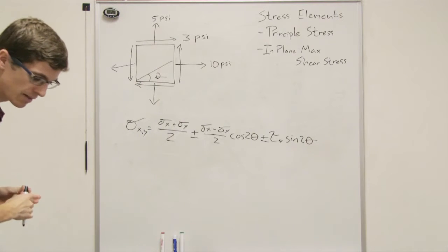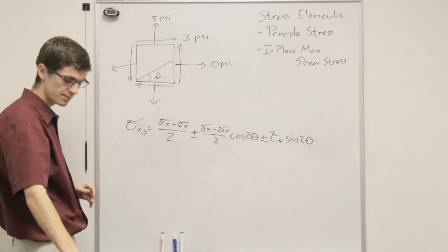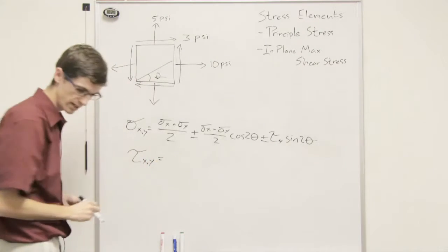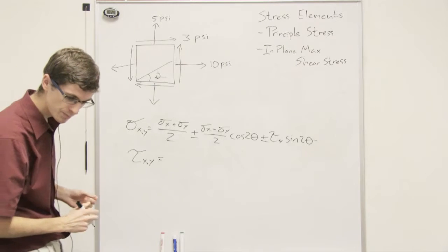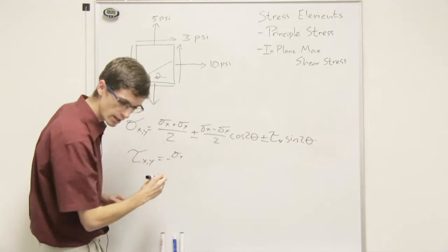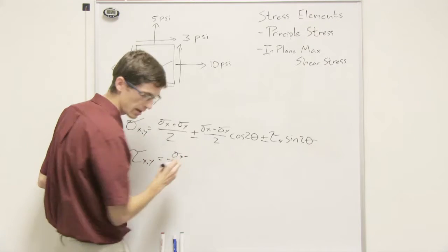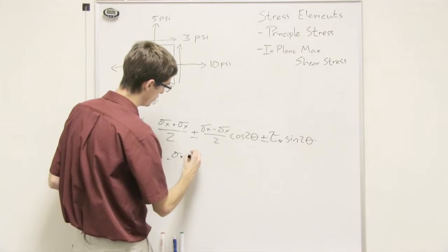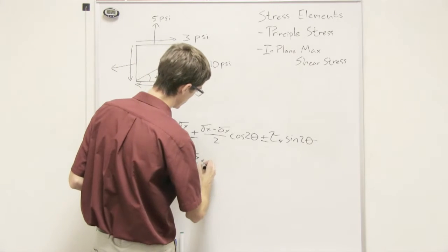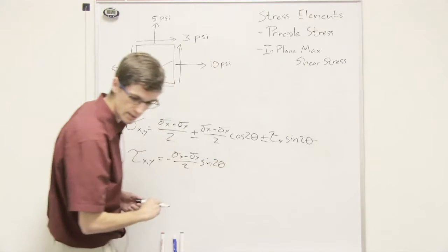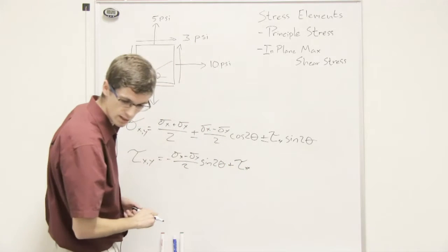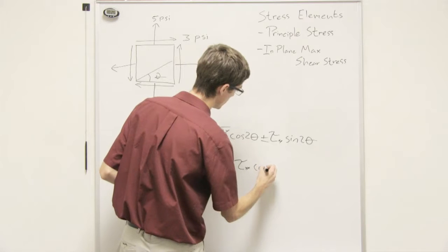And to find your shear stress along that same line, we use this equation: tau x'y' equals negative sigma x minus sigma y over 2 times the sine of 2 theta, plus the shear stress times the cosine of 2 theta.